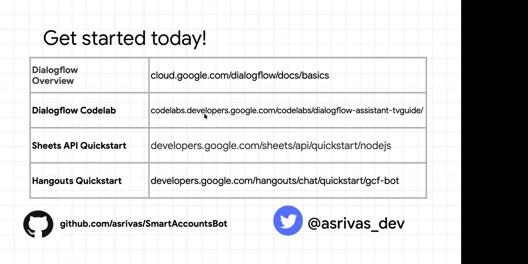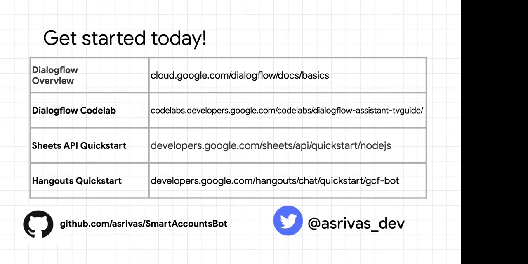The second one is a kind of neat codelab. You program your own TV guide in a chatbot. And then we have Google Sheets and Hangouts. So that is how you can get started with those. And you don't have to use JavaScript. We have quickstarts in every language from Java to Ruby, C#, and whatever works best for you.